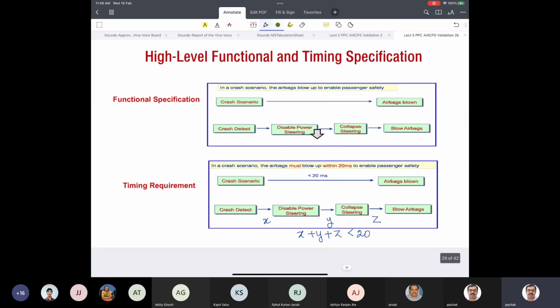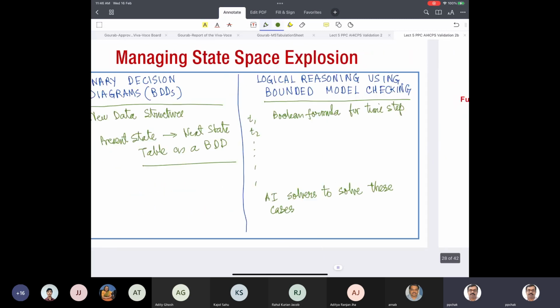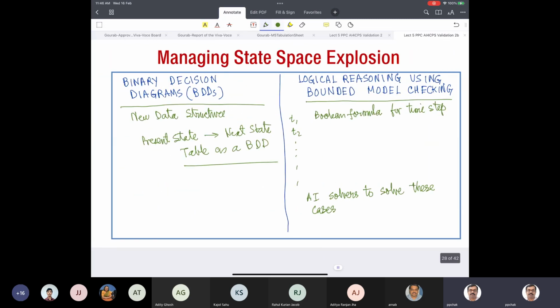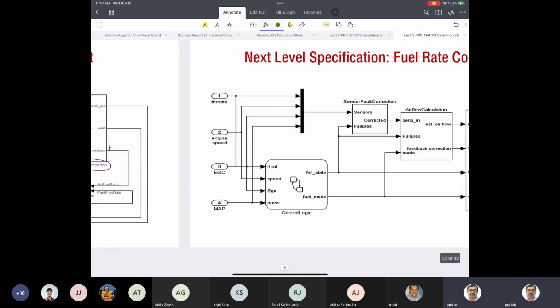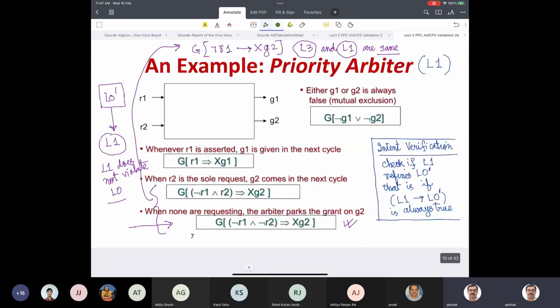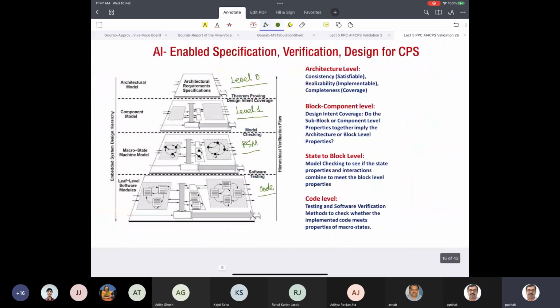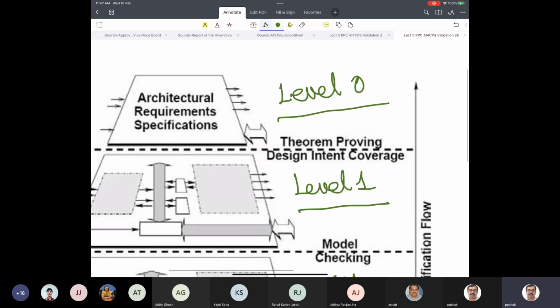So if we look at functional verification, we come back to our whole diagram of functional verification. This is our architectural specification. Then we refined it into multiple levels.